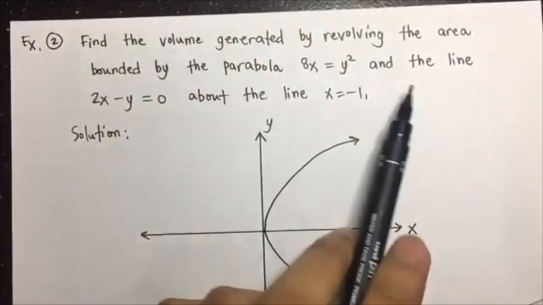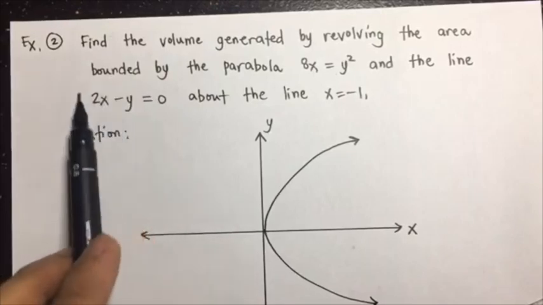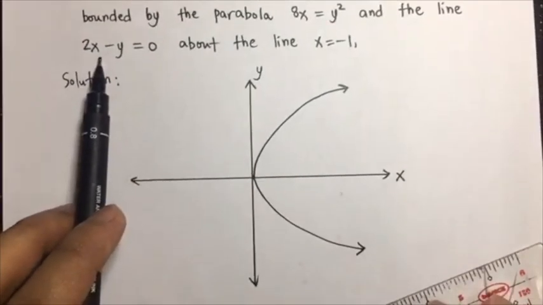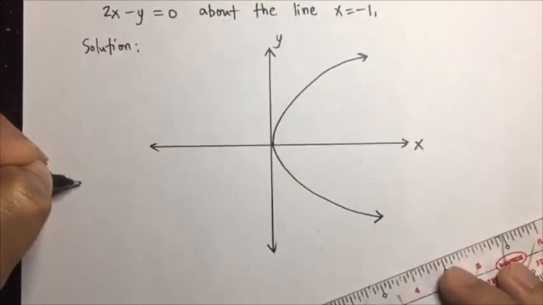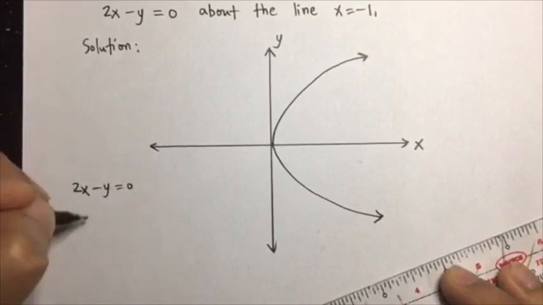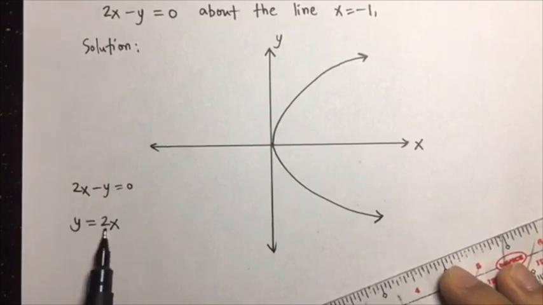And then we have the line 2x minus y is equal to 0. So this is a line. Let's transform it into slope-intercept form so that we can see its slope. We have 2x minus y is equal to 0. Transposing y, we have y is equal to 2x. So we have a slope of 2 and a y-intercept of 0.